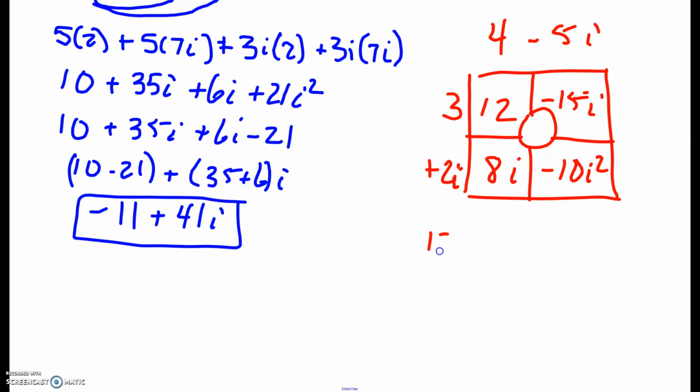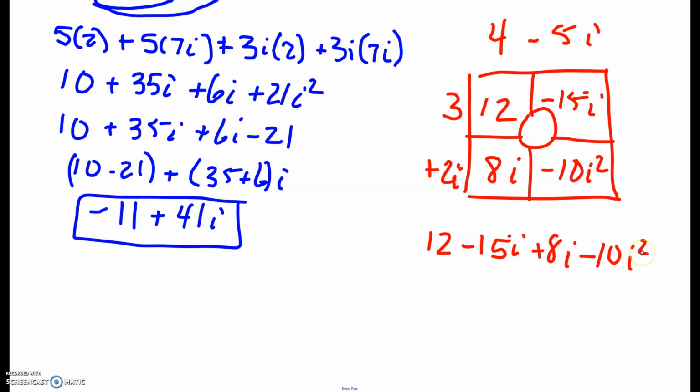So we would have 12 minus 15i plus 8i minus 10i squared.